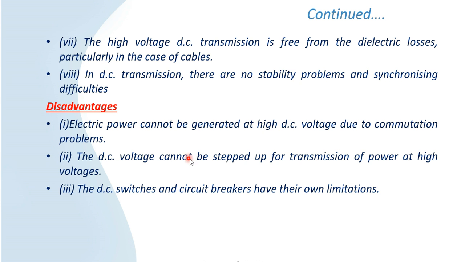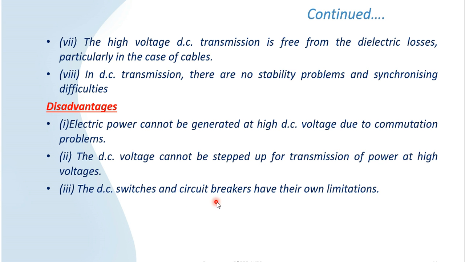The DC voltage cannot be stepped up for transmission of power at high voltages. We know that the transformer will not work with DC. So stepping up and stepping down of DC voltage is difficult, but now power converters are available for increasing the voltage level, but it will not be economical at high voltages.